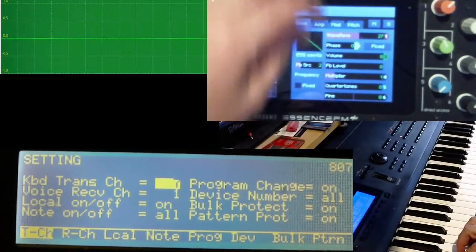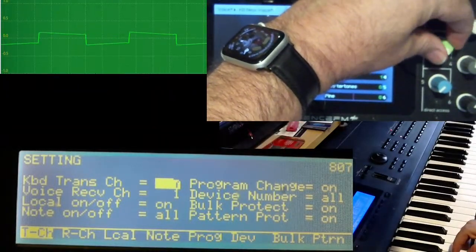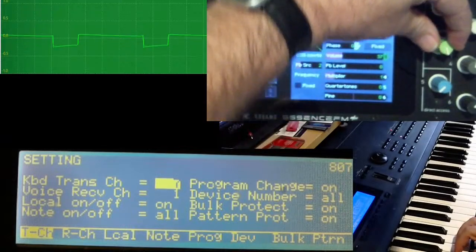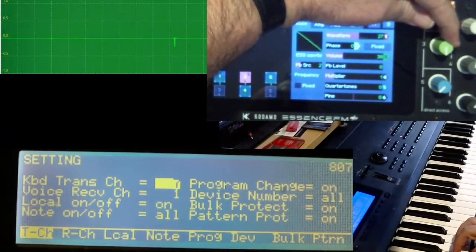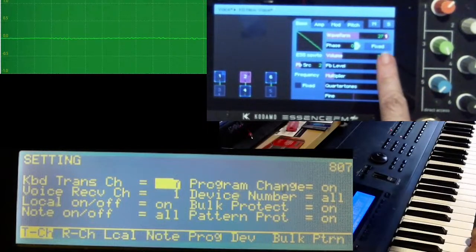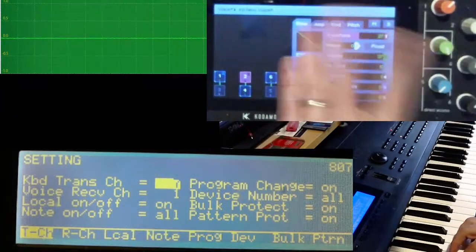So again, apologize, it's not focusing right at the moment, but right here, this is our volume, aka our pulse width. I'm sorry, our modulation index.